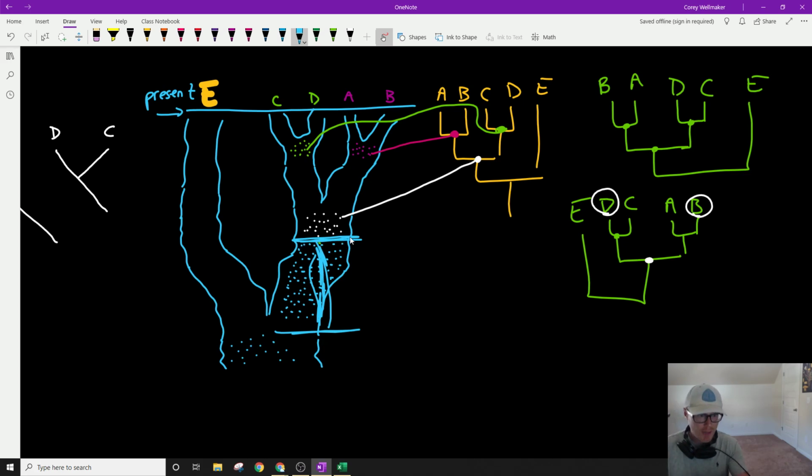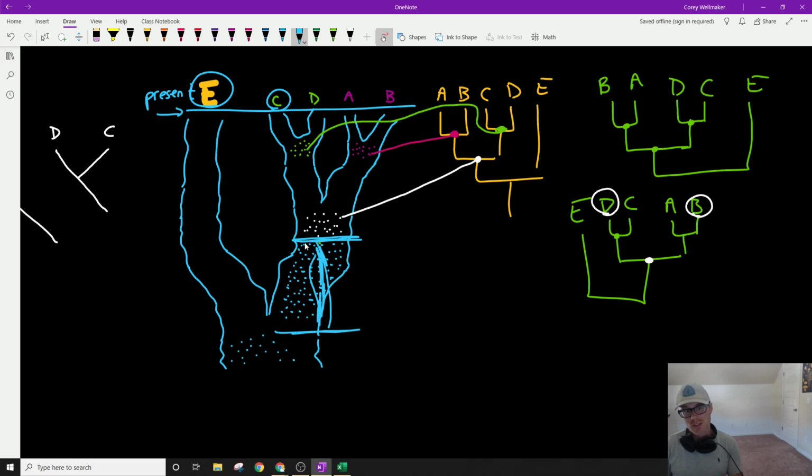Like this population evolved together for thousands or tens of thousands of years before they started to diverge genetically. So all of this right here is time that C and B evolved together, that C did not evolve together with the E lineage for all of that time.